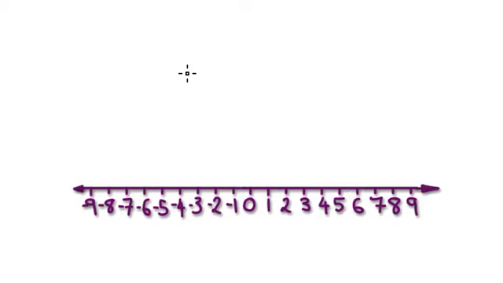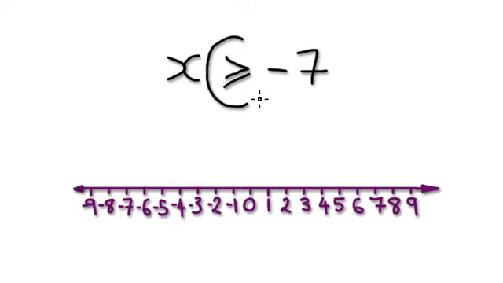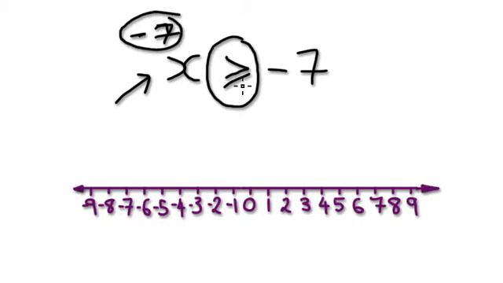So if you have, say, x is greater or equal to, let's say, -7, then this means you can include the -7. You are allowed to put -7 into here, because -7 is equal.